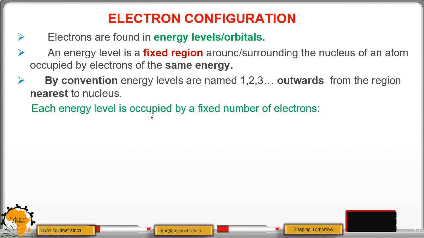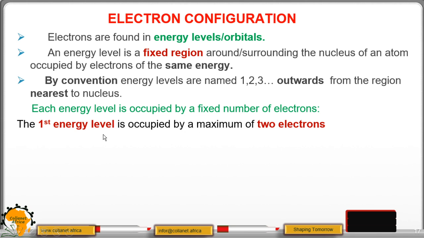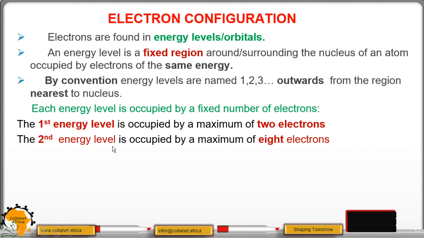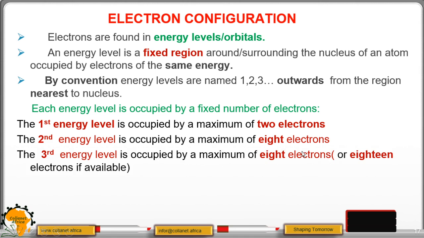Each energy level is occupied by a fixed number of electrons. For instance, the first energy level is occupied by a maximum of 2 electrons, while the second energy level is occupied by a maximum of 8 electrons. The third energy level is occupied by a maximum of 8 electrons, or 18 electrons if available.